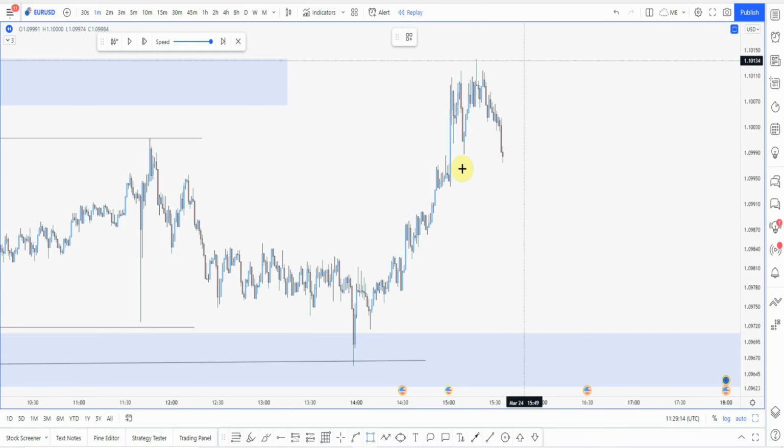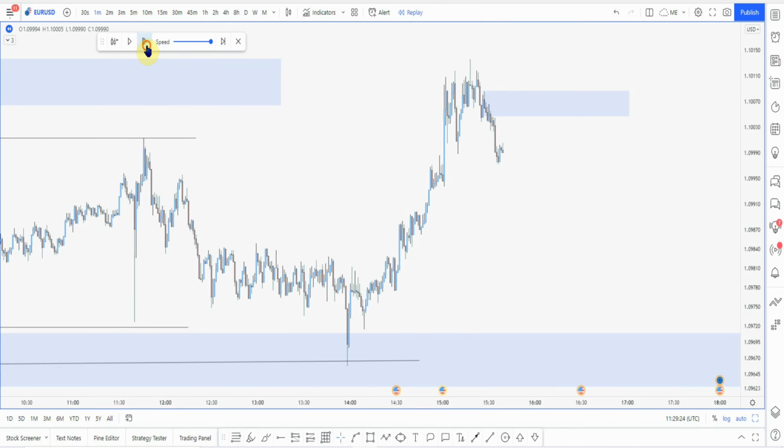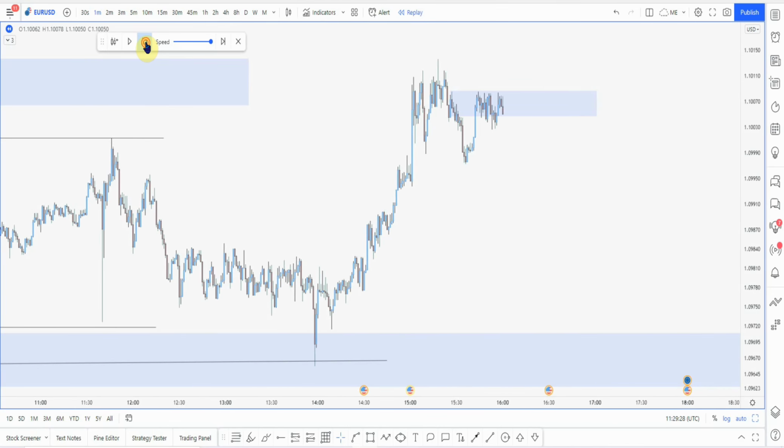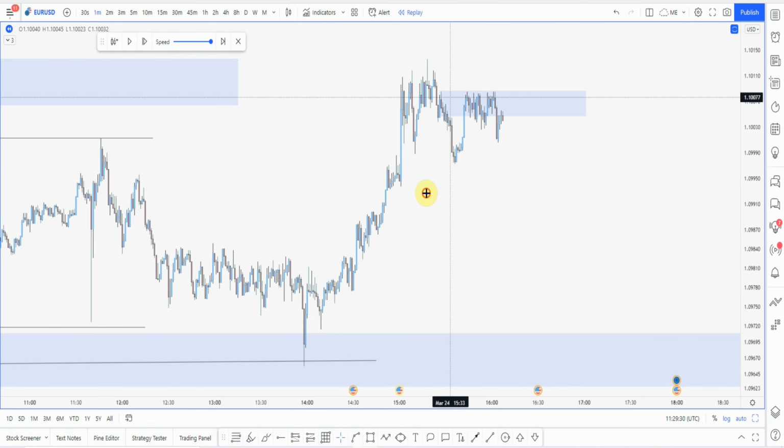We broke this low, you see, and I had this beautiful zone. I entered right here, and this is also liquidity.